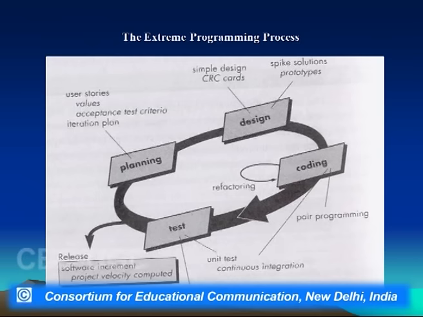They will revisit all the lacunas of the previous phases, and they will clear the 100 stories with 95% velocity. This way the final release should not be hampered. This is the extreme programming technique.